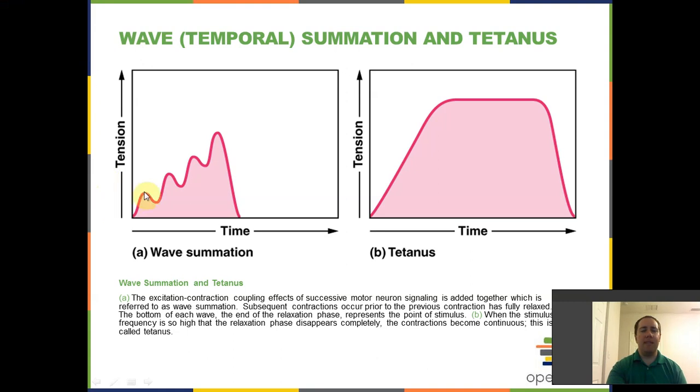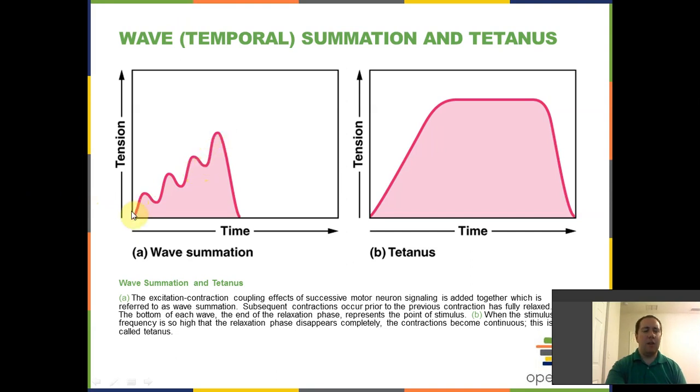Wave summation because it looks like a wave. Temporal, the word temporal always refers to time. And so over time, we are going to add the force of multiple contractions on top of each other. And so we see each of these peaks is a separate contraction.